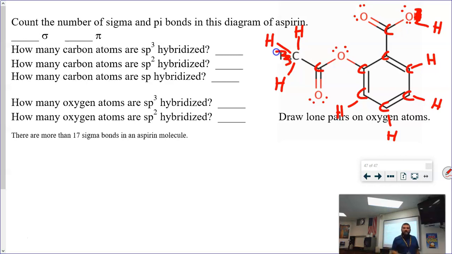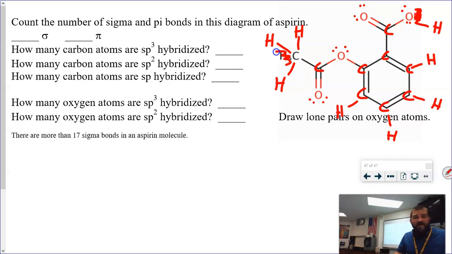In organic chemistry, we kind of ignore some of the hydrogens, we ignore some of the lone pairs, because that's usually not what we're focused on if you're doing organic chemistry. Okay, so here's what I'd like you to do. I'd like you to pause the video and try to answer these questions. How many sigma bonds are there in this molecule? Remember, the first bond between any two atoms is always sigma.